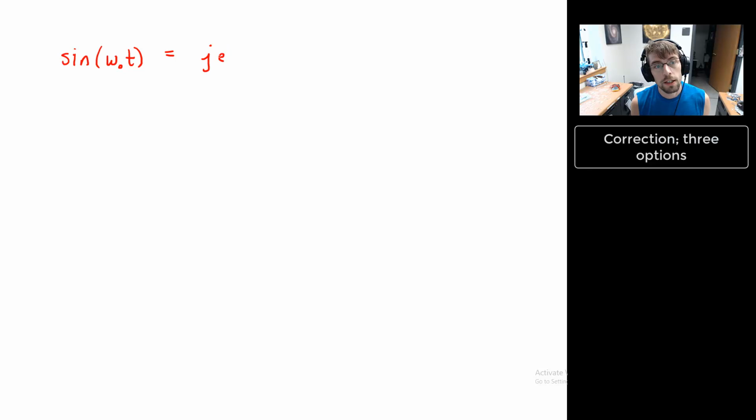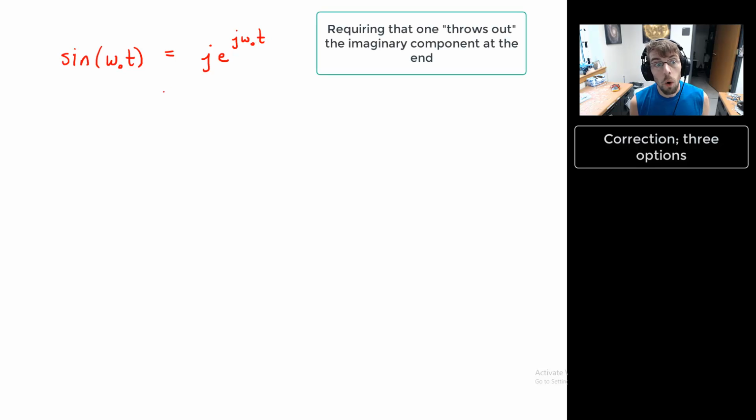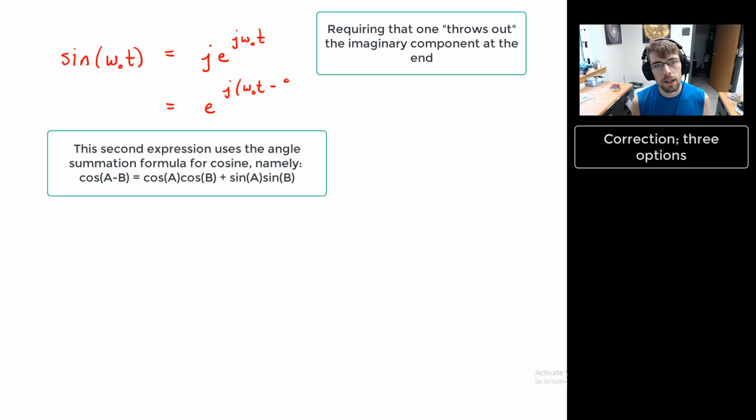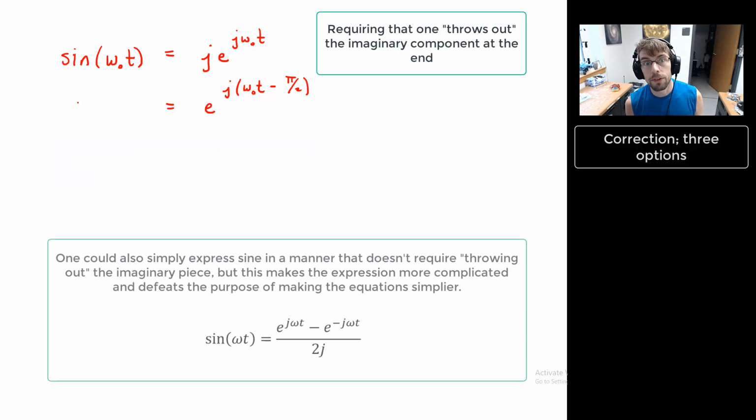In other words, if you have something like a sinusoidal variation, you could think of writing this as actually two options: j e to the j omega t, or if you prefer, you could also write this as e to the j (omega t minus 90), I'll put pi over 2. So you have a couple different options there.